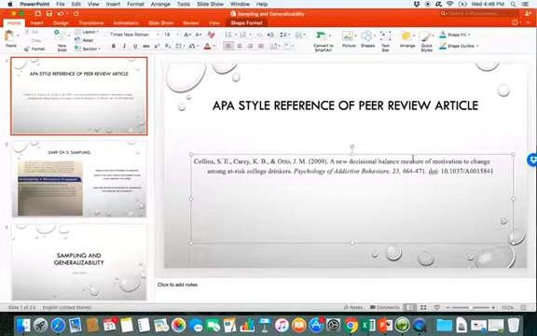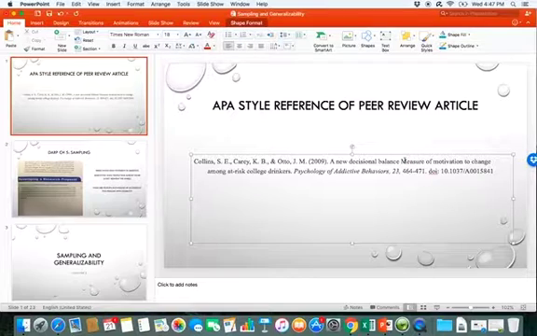This is the title of the article. And in every case, the title of an article is what's called sentence case, which means the first word in the title is capitalized, but everything else is written out as if it were a sentence. Okay? It's not a complete sentence, it's just the title of the article itself. The only time that you're going to capitalize things is in the case of a proper noun.